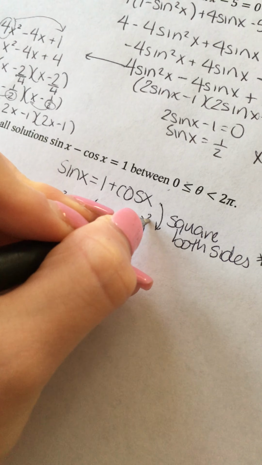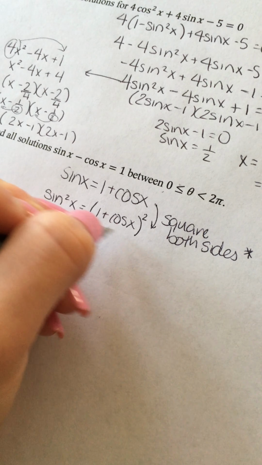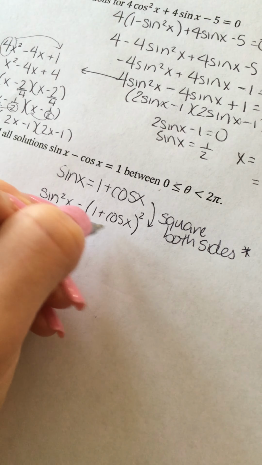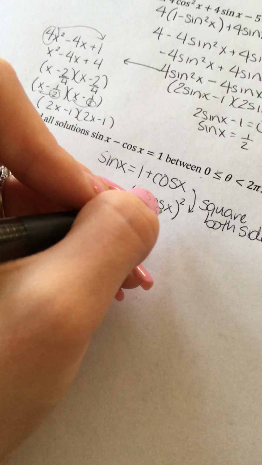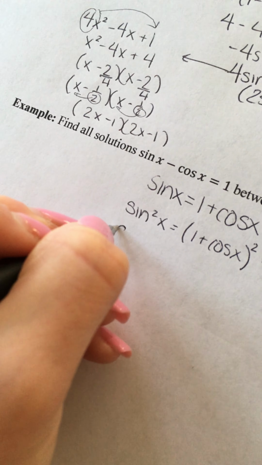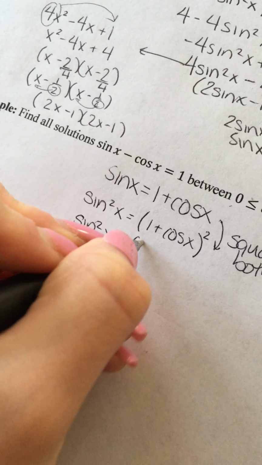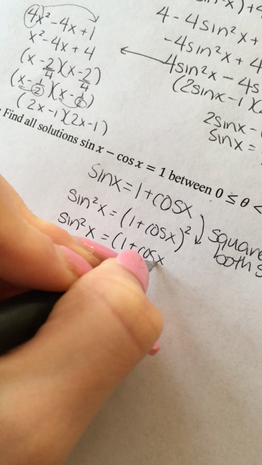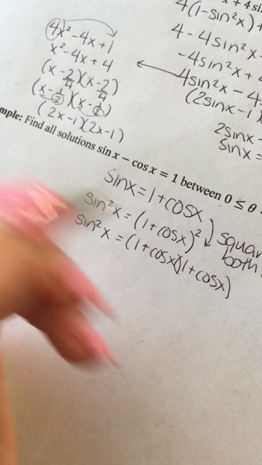I'm putting it in parentheses so that I know I've got to FOIL 1 plus cosine of x and not just distribute the square through. So sine squared x is equal to 1 plus cosine x times 1 plus cosine x.